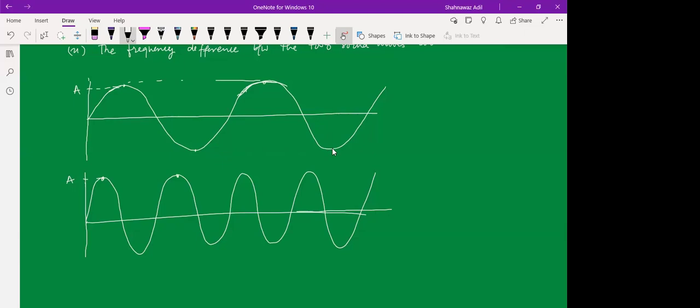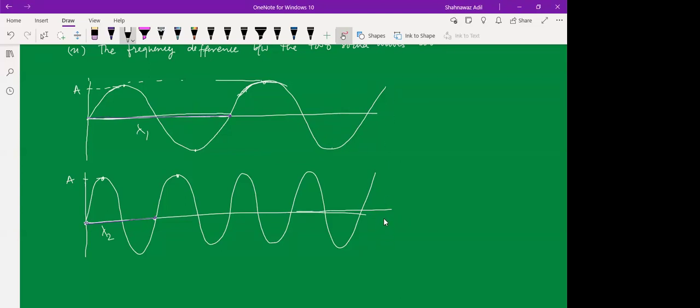We can also calculate it from the origin: whenever the wave repeats itself, that is one wavelength. This one has lambda one and the other has lambda two. Both have different wavelengths, but their amplitude is the same and they are moving in the same direction.